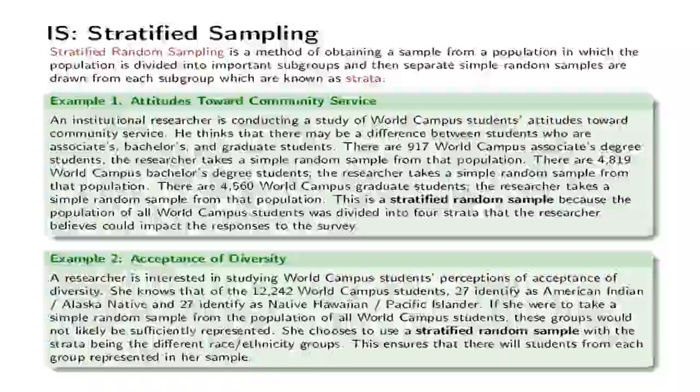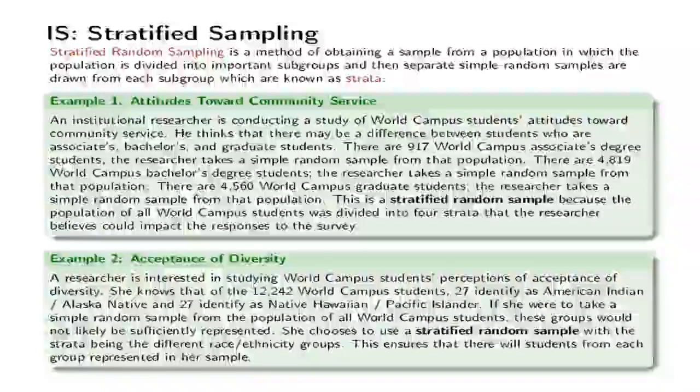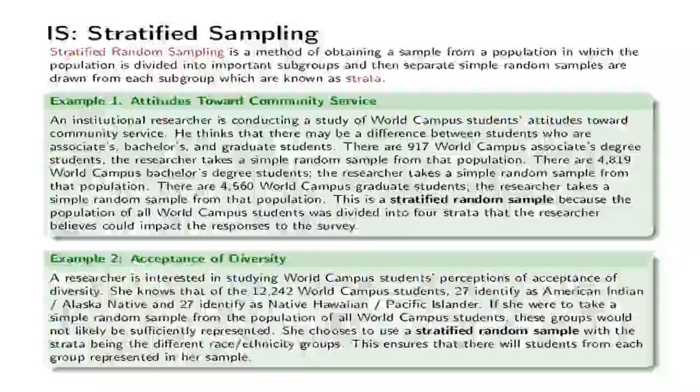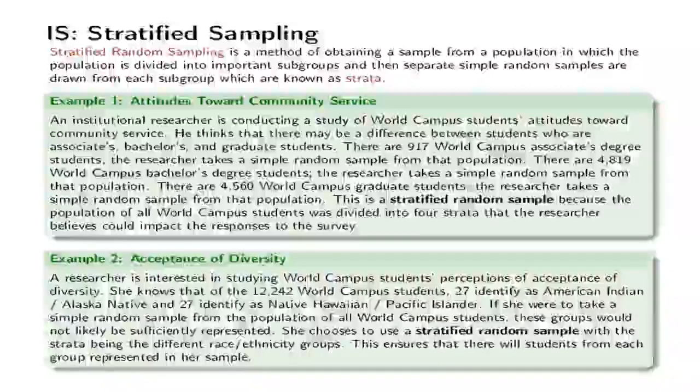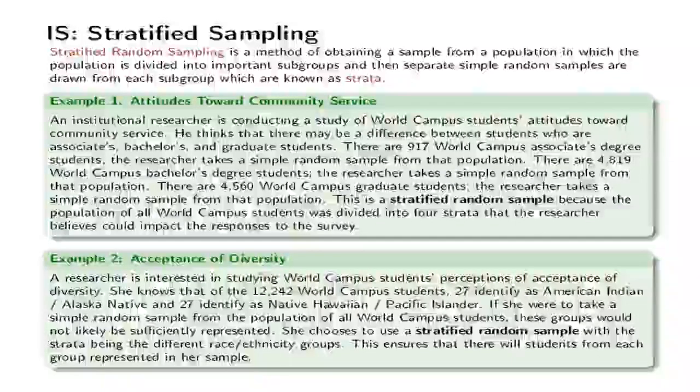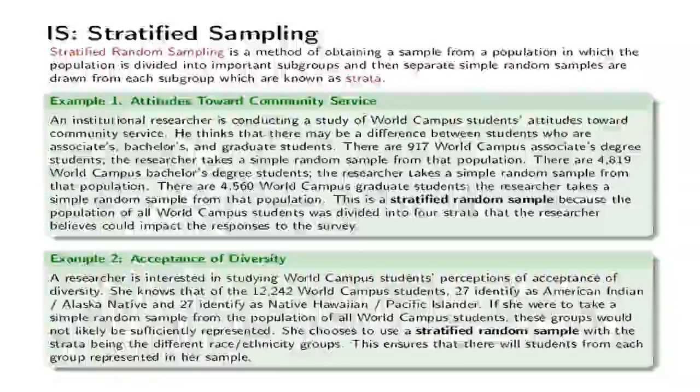If she were to take a simple random sample from the population of all World Campus students, these groups would not likely be sufficiently represented. She chooses to use a stratified random sample with the strata being the different race or ethnicity groups. This ensures that there will be students from each group represented in her sample.